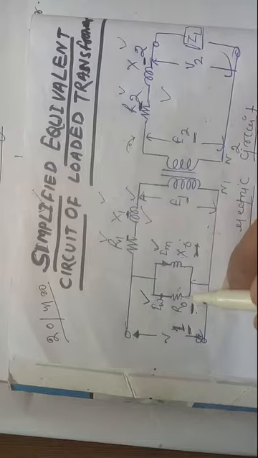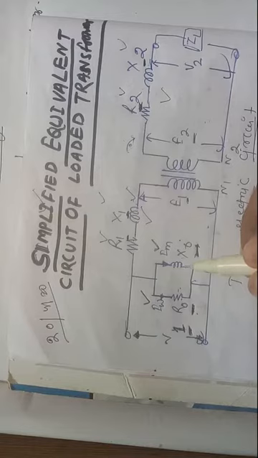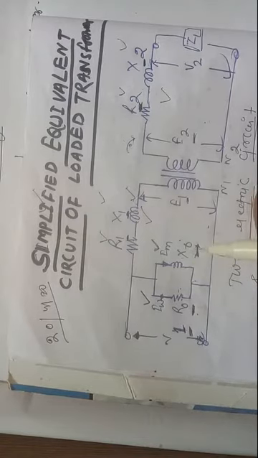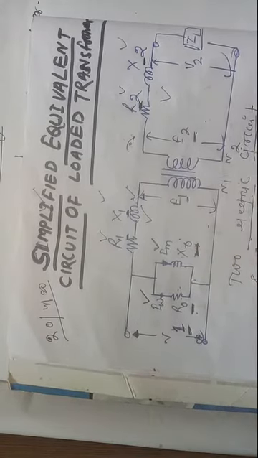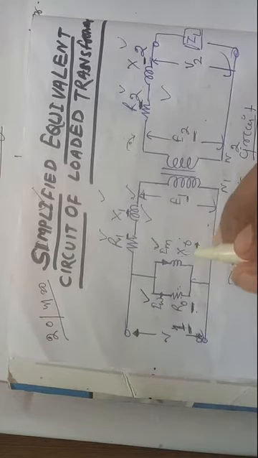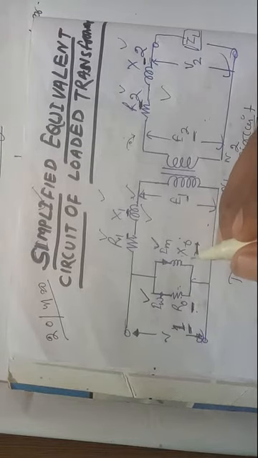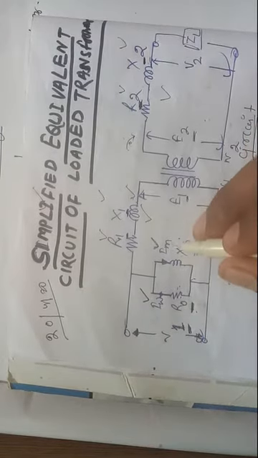This is the physical element which represents the core losses, meaning eddy current as well as hysteresis loss. And reactance X0 is the inductive reactance which represents the reactance of a loss free coil which actually passes the magnetizing current Im.